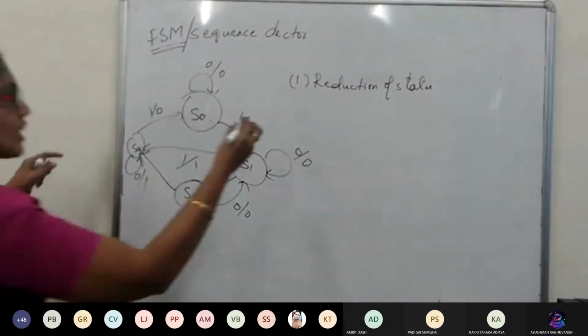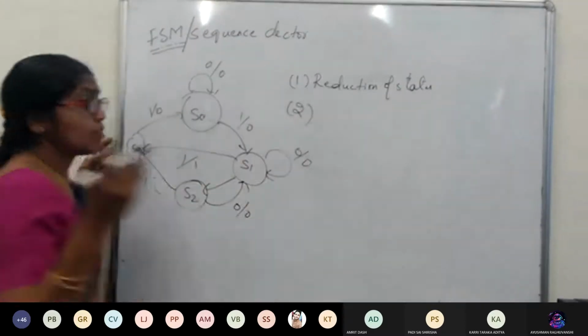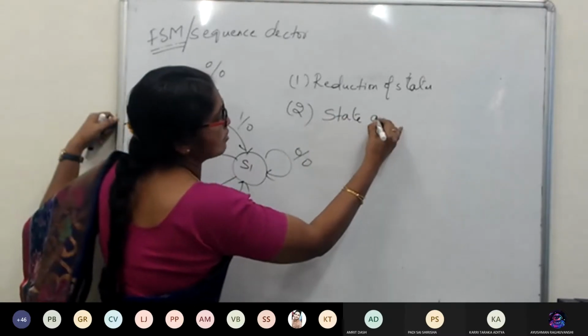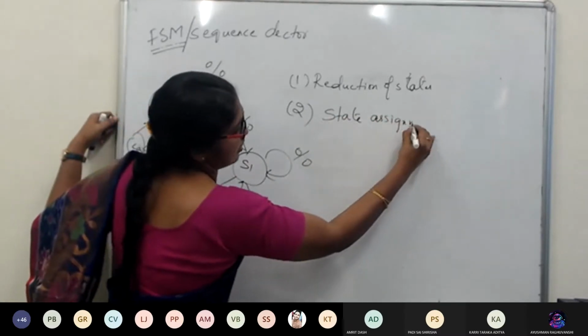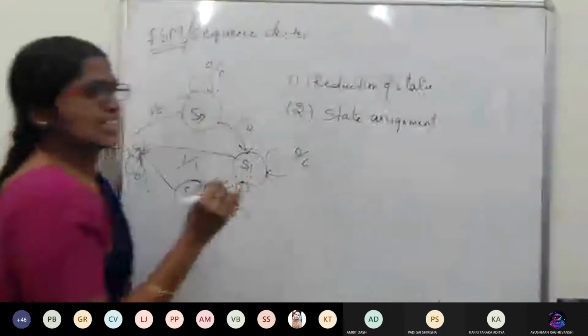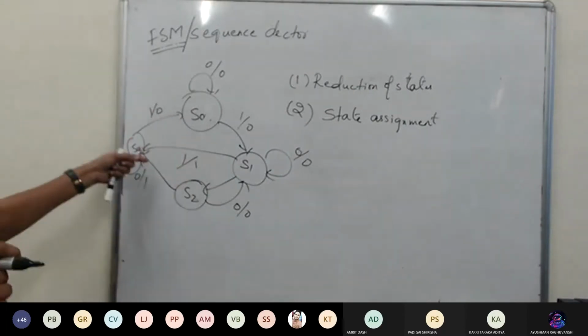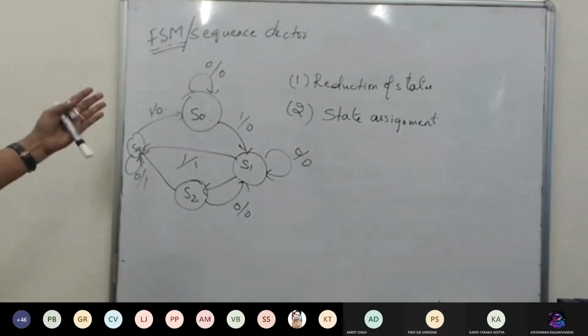Now, the second thing. There was a doubt on the second thing: state assignment. What is the state assignment? If you go back and see the state graph, we kept it in very simple notation, with some alphabets portrayed as states.